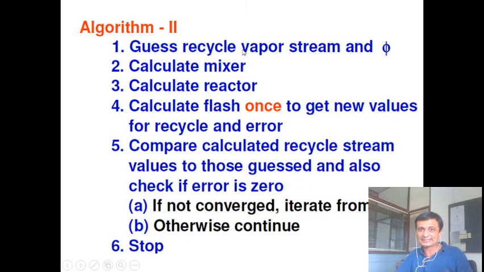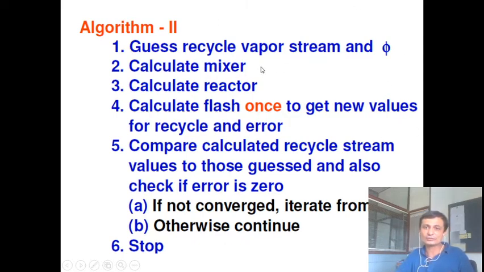The other way is to guess the recycle vapor stream and phi once. Calculate the mixture, calculate the reactor, calculate the flash only once. Don't converge. Only do it once, and compare the calculated recycle stream and the values which you have guessed. If it is the same, good. Otherwise, go back to step 1 with the new recycle vapor and new phi.